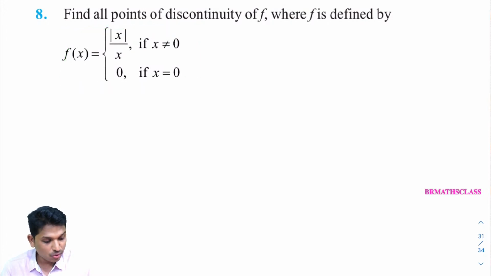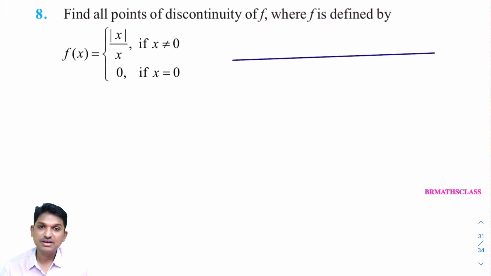But here, as I said in the beginning, whenever a modulus function is there in the given question, we rearrange the function. This function varies at x equal to 0. We know the definition of modulus function.